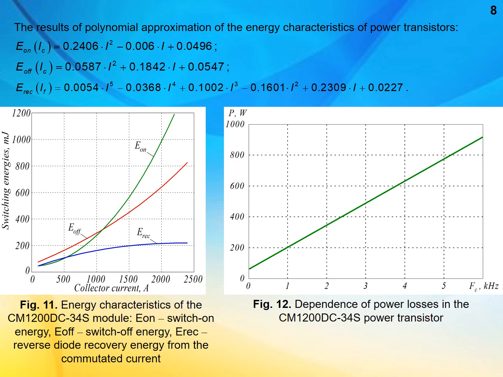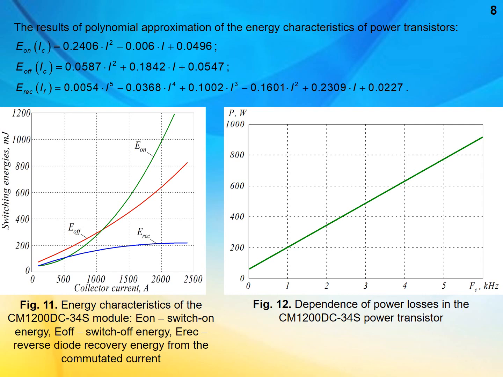To calculate the efficiency of the hybrid inverter, the characteristics of the IGBT module type CM1200DC-34N, with a nominal current of 1200 ampere and a nominal voltage of 1700 volt, were taken. The characteristics for which the calculation was given and which determine power losses are shown in figure 11.